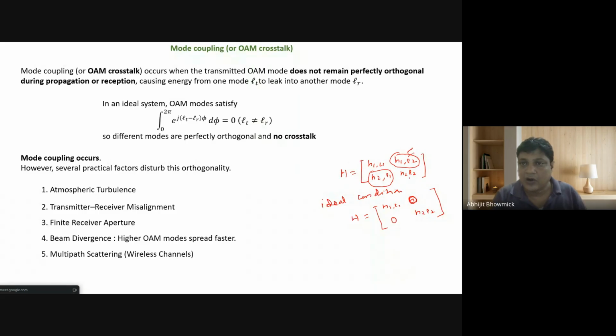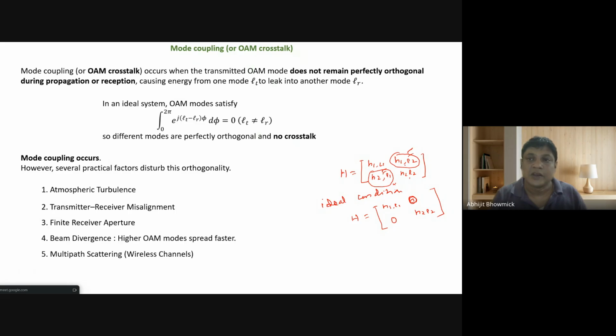if they are not zero, what does it physically indicate? It indicates that L2 mode transmission converted to L1 mode, and user 1 decoded the signal. Similarly, L1 mode converted to L2 mode, and user 2 decodes the signal.